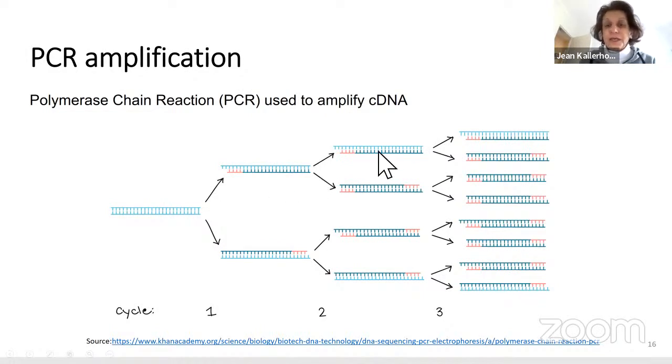And then again, it will do the same job and it will amplify. So with only one double-stranded DNA sequence, a very, very little amount, you can know in 2 or 3 hours whether you have a disease or not.